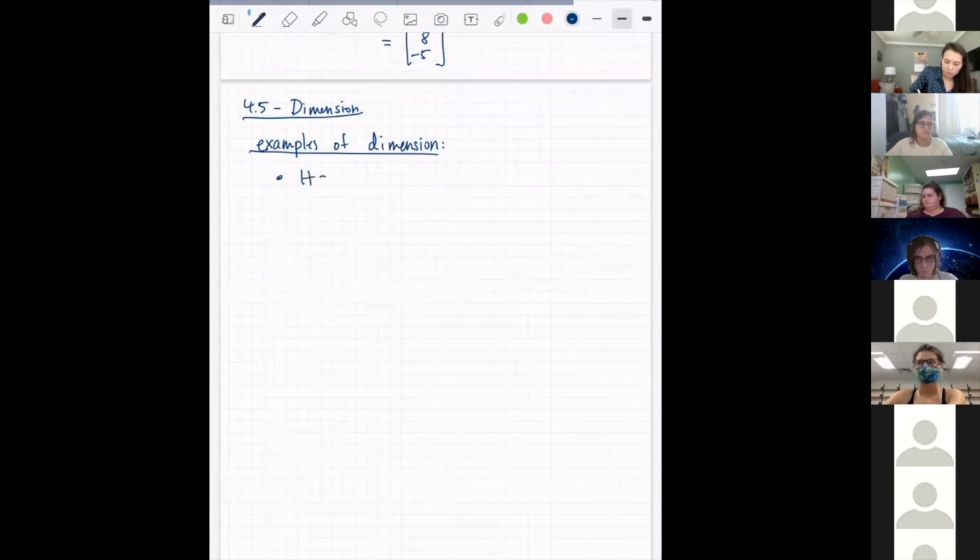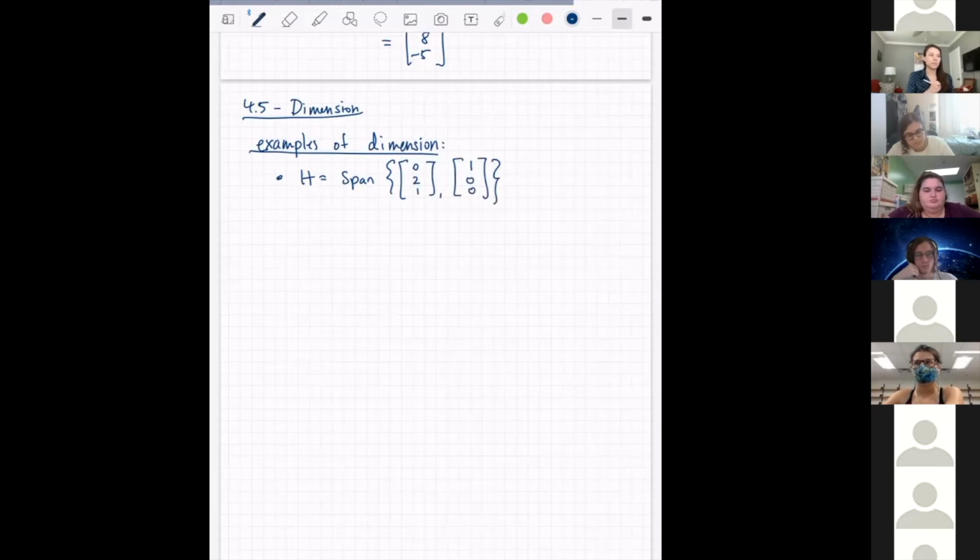A subspace of Rn is a vector space in itself, right? And so if we look at the span of, say, these vectors, well, this is a subspace of R3. We can see from inspection that these are linearly independent vectors, right?